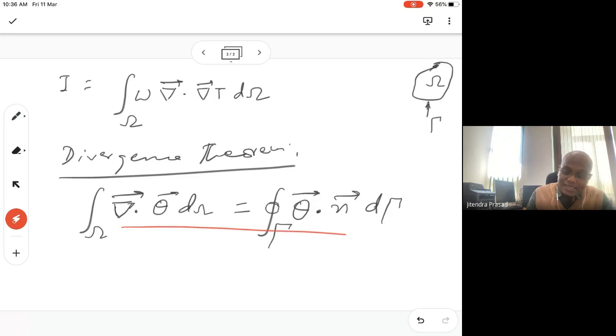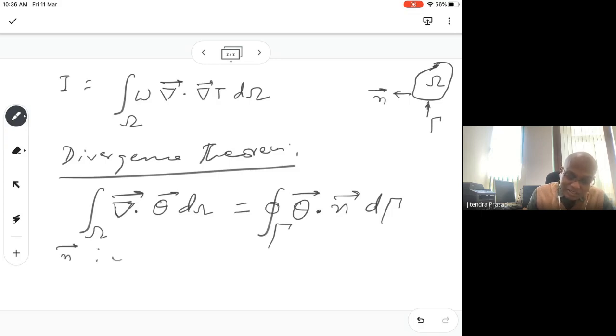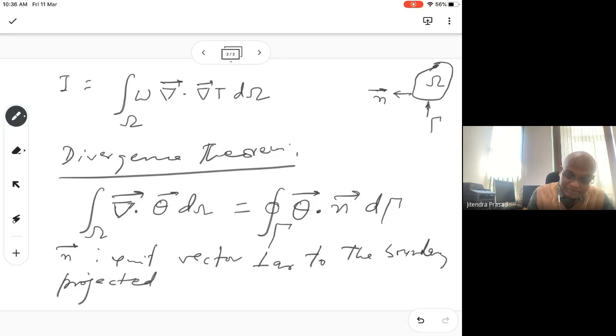The meaning of this is that if you have to integrate the divergence of a function, then you just need to integrate theta dot n over the boundary only, where n is the unit vector perpendicular to the boundary and projected outward.